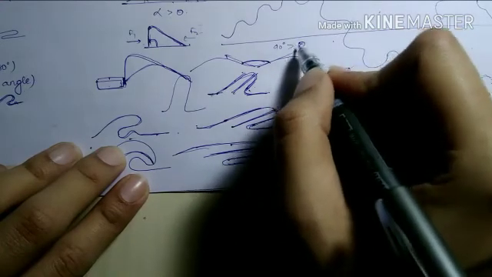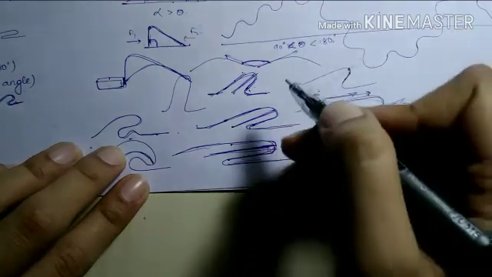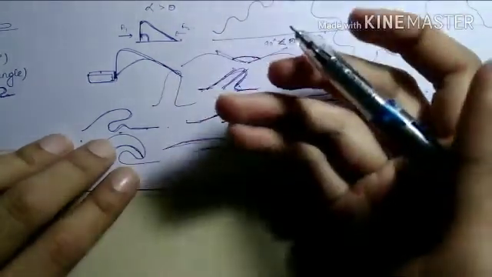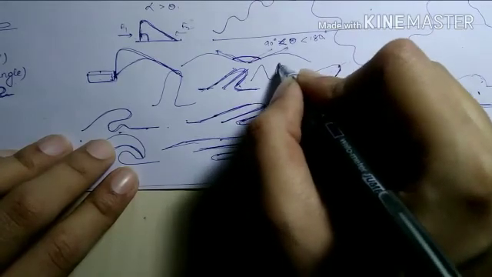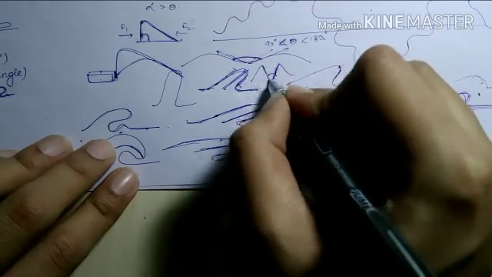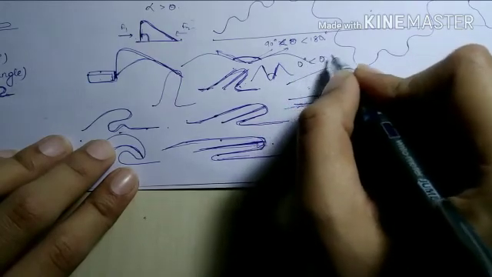Theta is more than 90 degrees and less than 180 degrees. And in closed fold, this will be an acute angle, more than 0 degrees but less than 90 degrees.